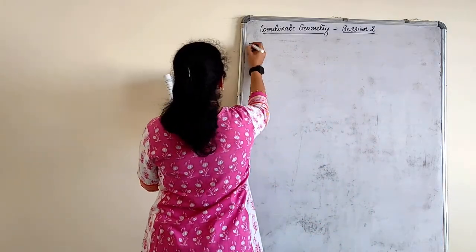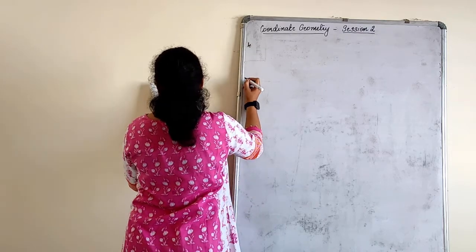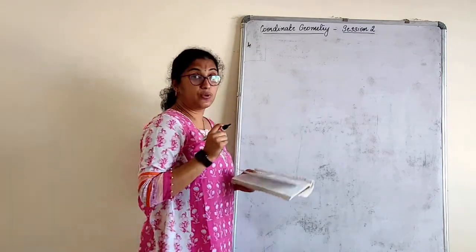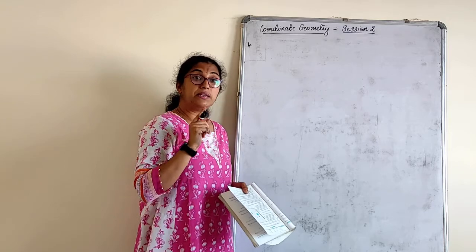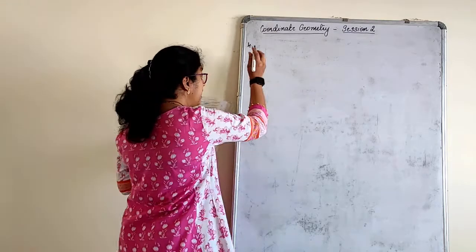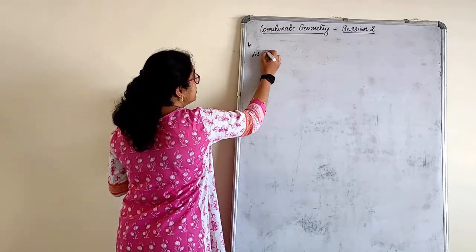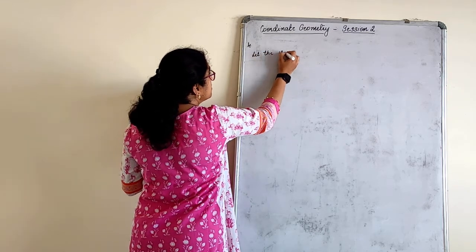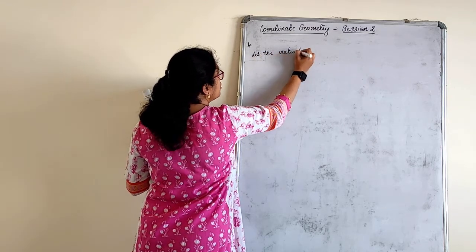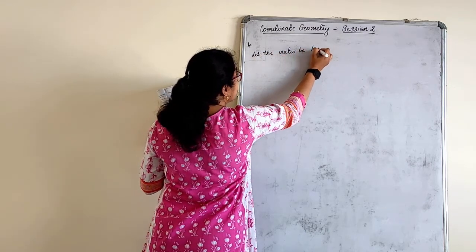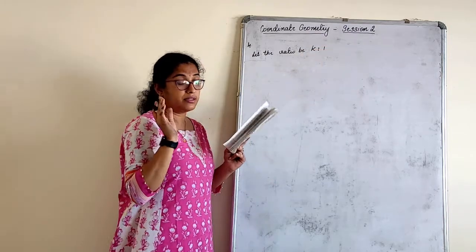Next one, fourth one. Find the ratio. See the question, find the ratio. That means the ratio is k is to 1. Let the ratio be k is to 1. Always remember this one point.